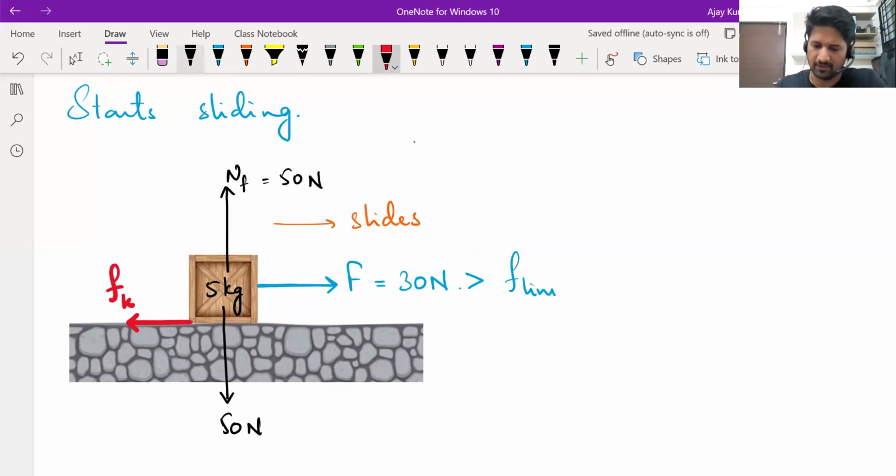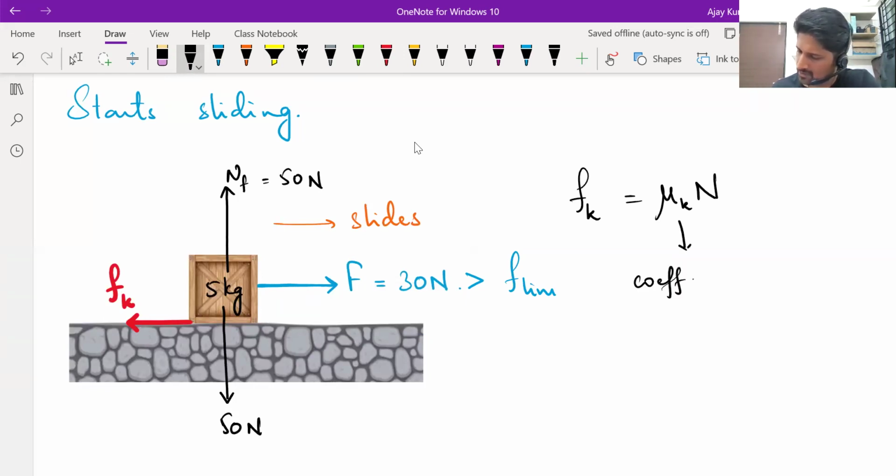So for kinetic friction, you can directly use this formula, mu k multiplied with N, where mu k is called the coefficient of kinetic friction. So kinetic friction also depends on the nature of surfaces, the roughness of surfaces, and normal force between the surfaces.